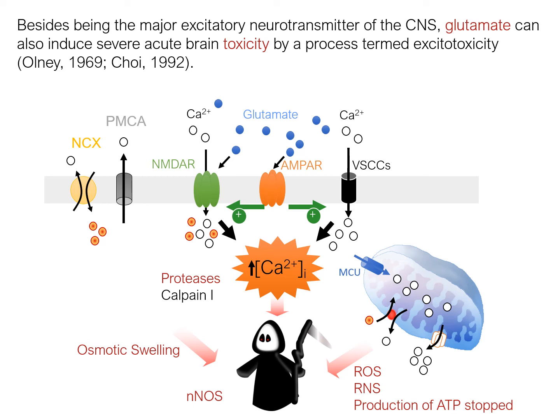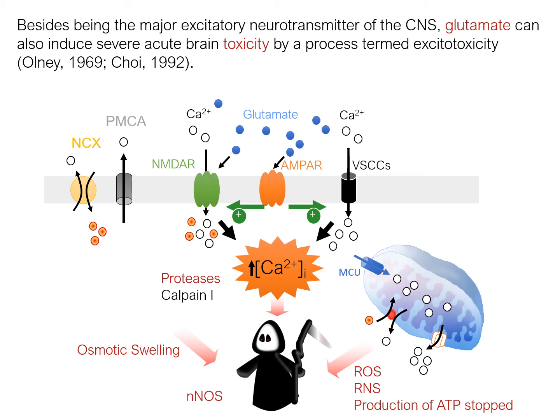So this causes an excessive neuronal depolarization. NMDA receptors are activated in postsynaptic neurons, as well as other receptors, opening their receptor-operated cation channels and allowing a massive calcium influx and also calcium accumulation inside the neurons.